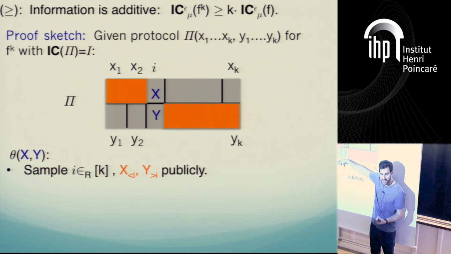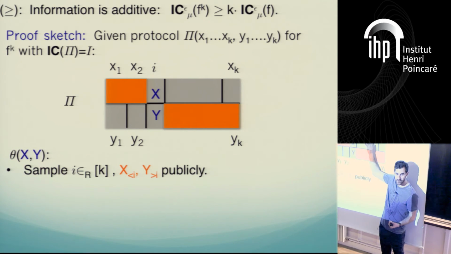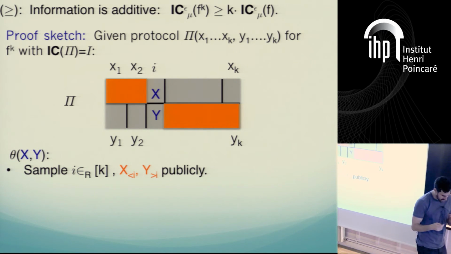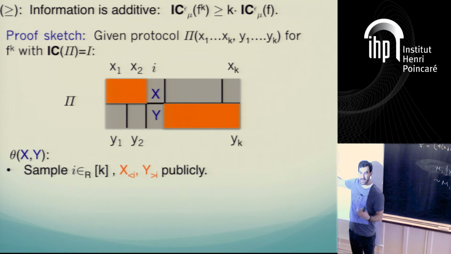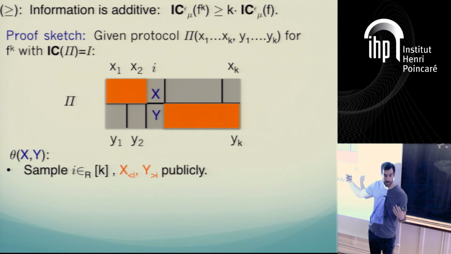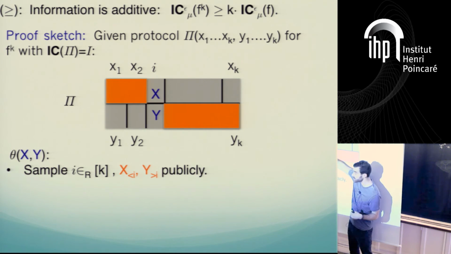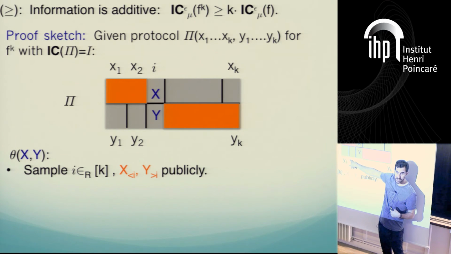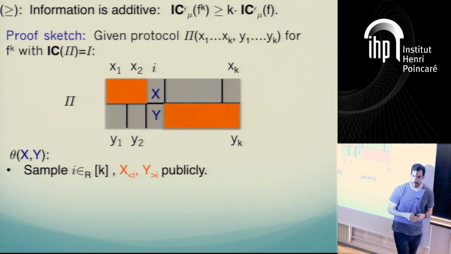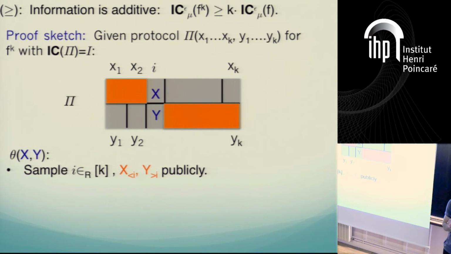Intuitively, this leaves enough entropy in each coordinate so that the information will remain low. But it completely enables the rest of the sampling task, because conditioned on Alice's input X, Bob can now privately complete his inputs to the remaining coordinates, and vice versa for this part. Does that make sense?